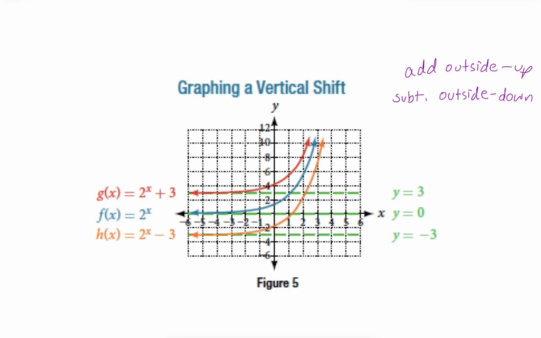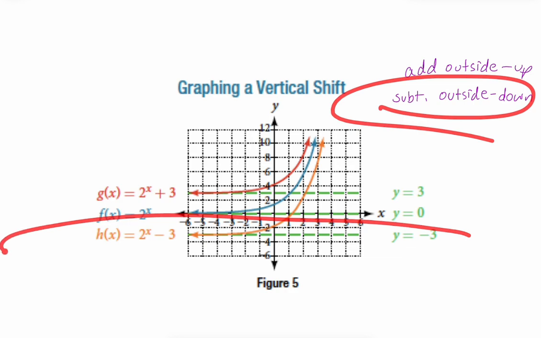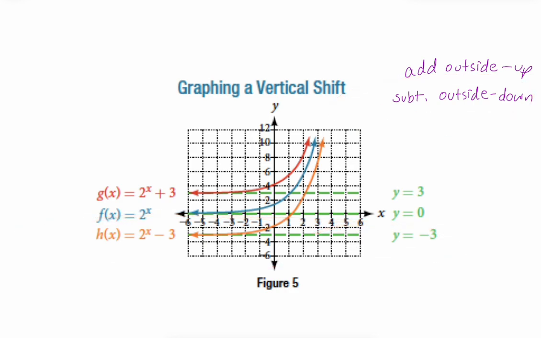So the main rule that we learned from the very start when we started talking about transformations: if you add on the outside, it's going to move it up like this one. If you subtract on the outside, it's going to move it down like this one. So if there's something added or subtracted, it moves the horizontal asymptote to that same location. It moves the whole function up and down.